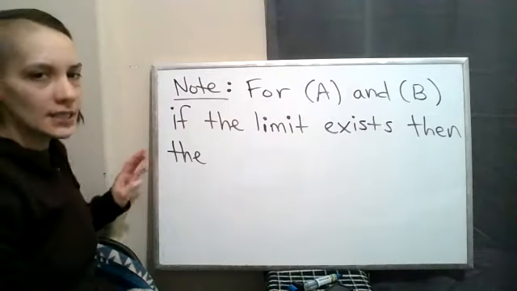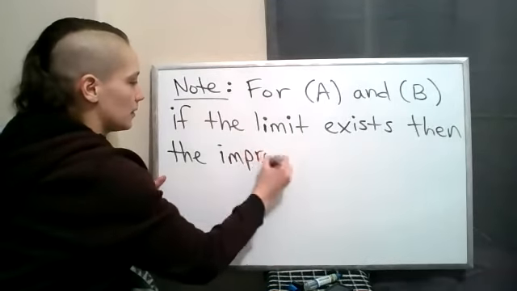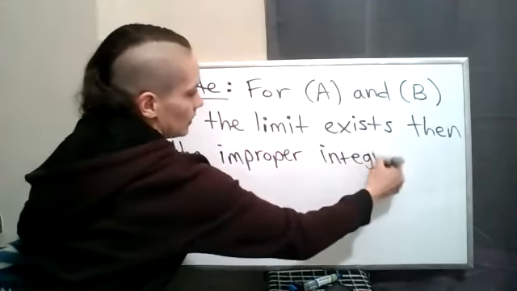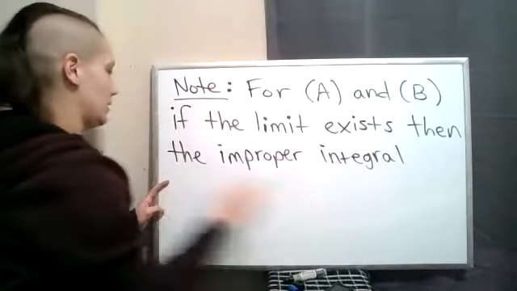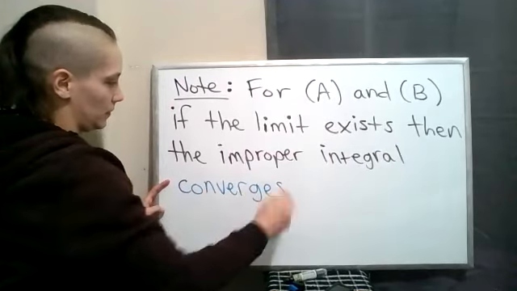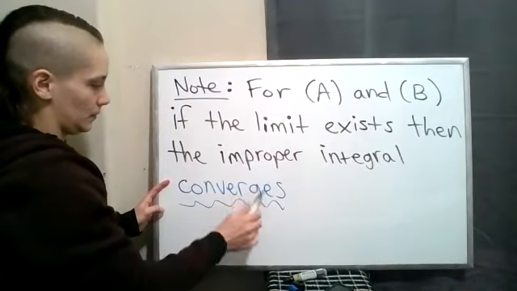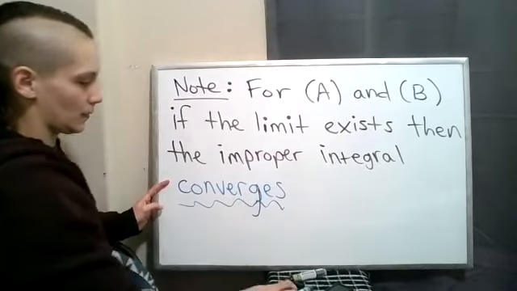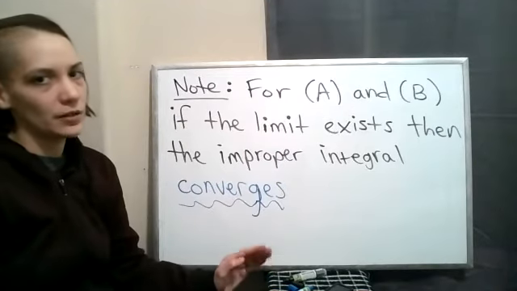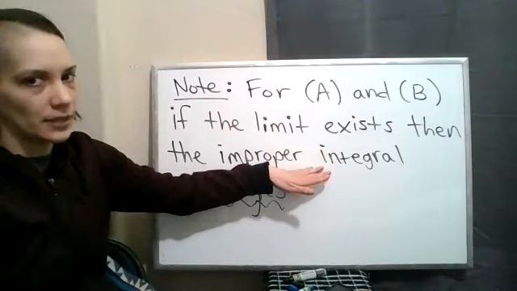We'll just say this is an improper integral. Converges. Otherwise, it diverges. So if the limit goes to either positive infinity or negative infinity, then that integral diverges.